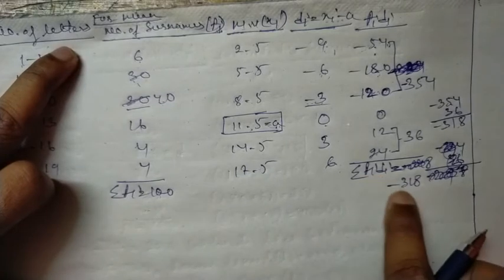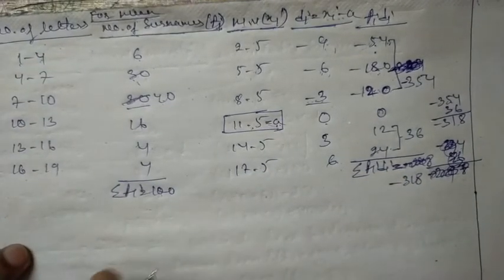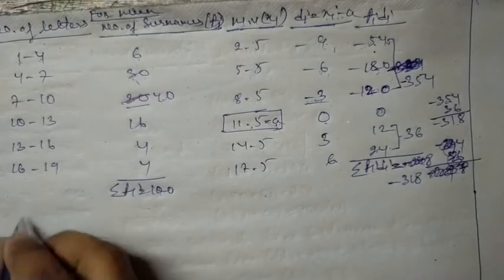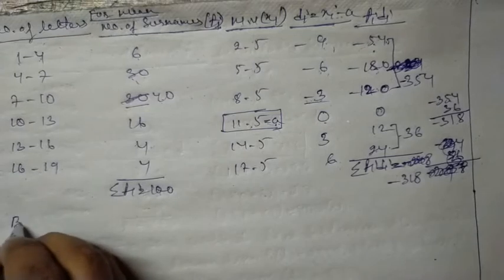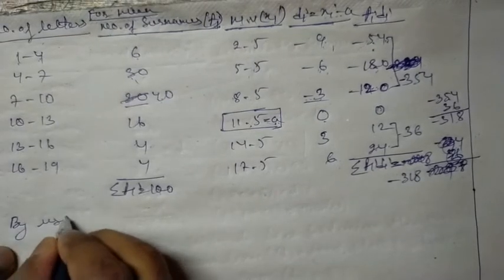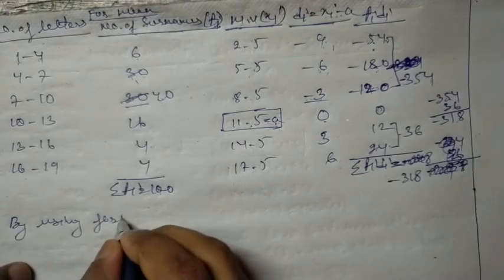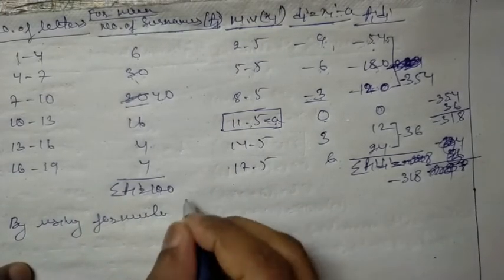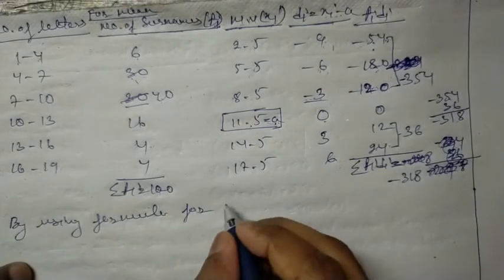Sigma fi di is equal to minus 318, and this is our 100. Now we'll apply the formula, by using the formula for assumed mean, right?